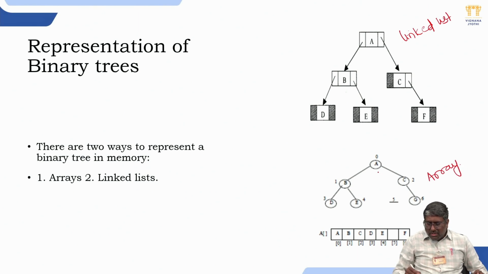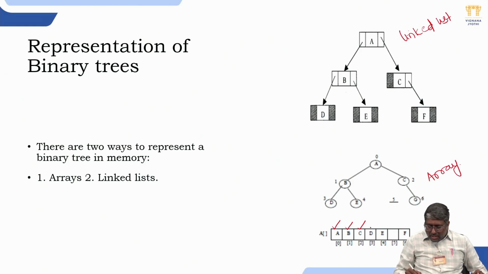Suppose this is a given tree A, B, C, D, E, F. Now the array representation is here. A is at the first position, A's left child is at the next position, and A's right child is at the following position. Let us assume indices 0, 1, 2.